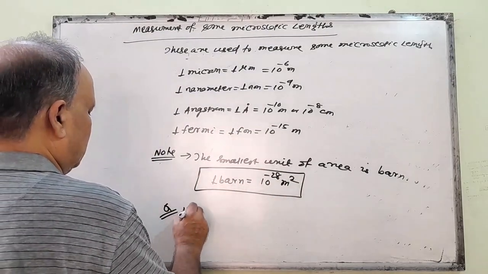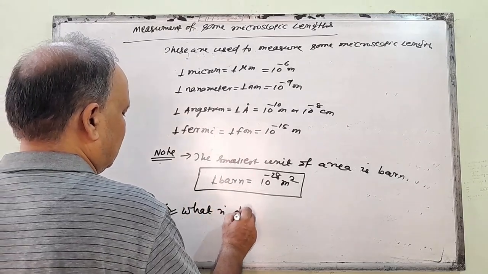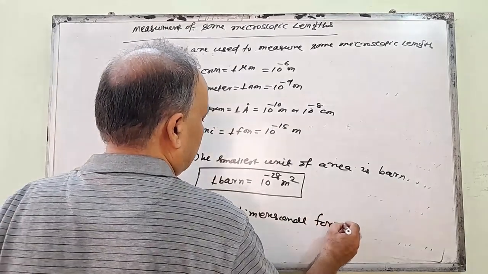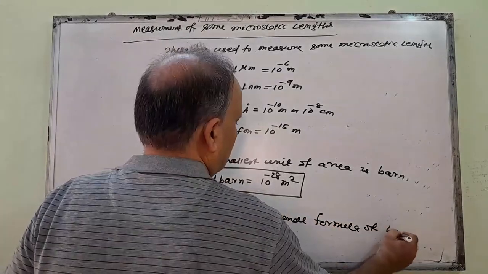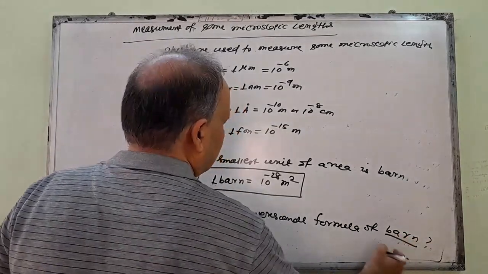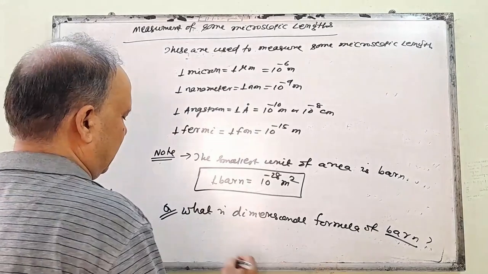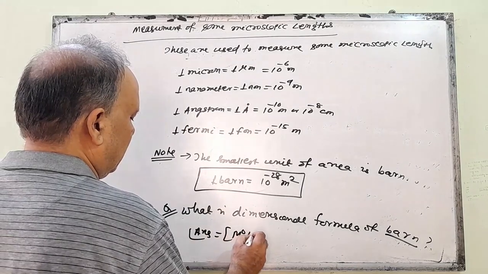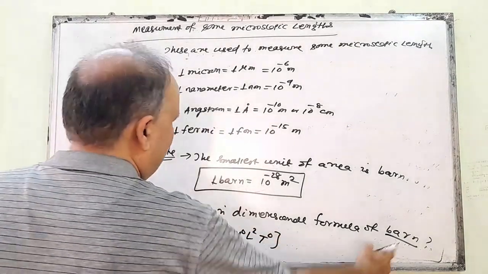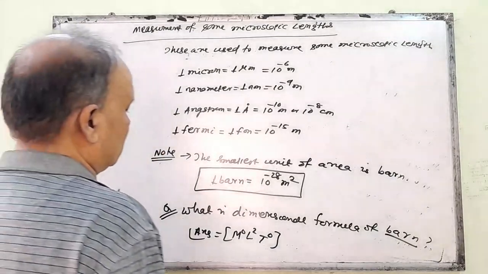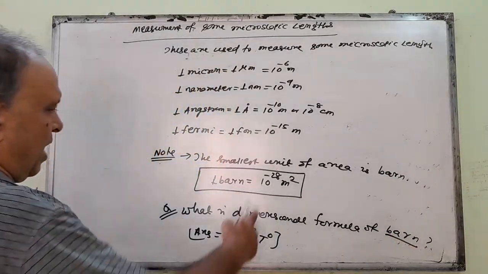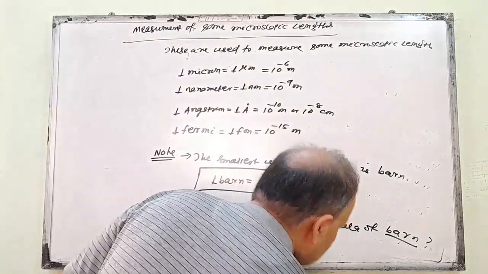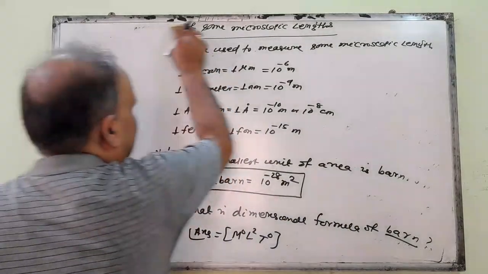A question will come, what is the dimensional formula of a barn? Barn means area, so its dimensional formula is M0 L square T0, because barn is the smallest area measurement, that is 1 barn is equal to 10 to the power minus 28 meter square. These are used to measure small lengths.